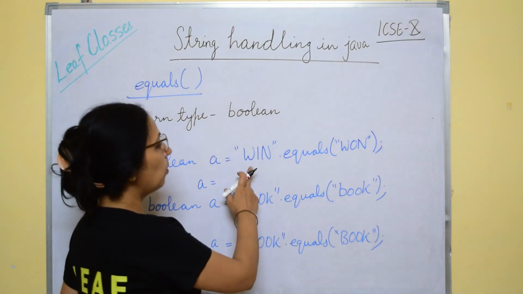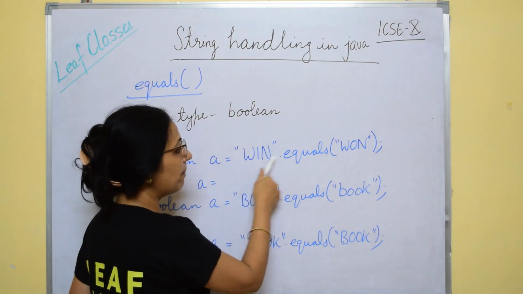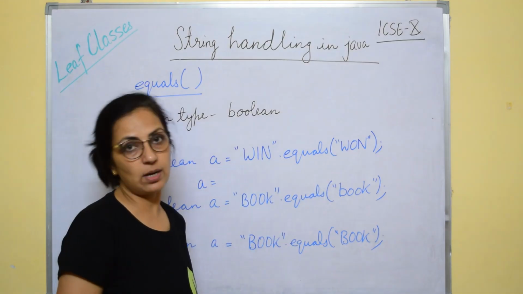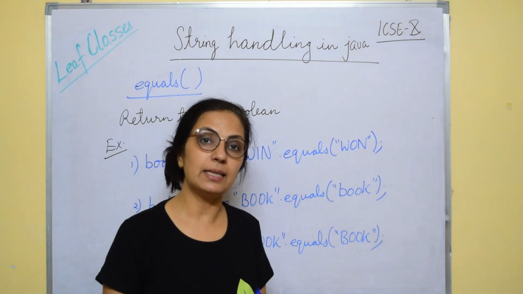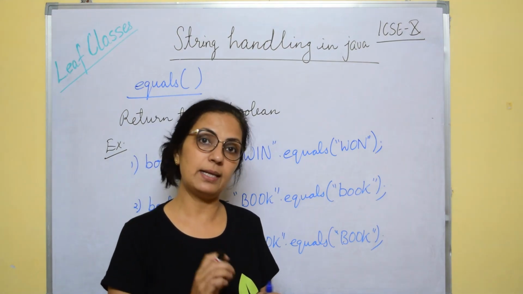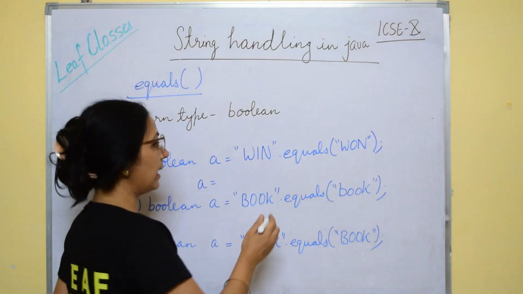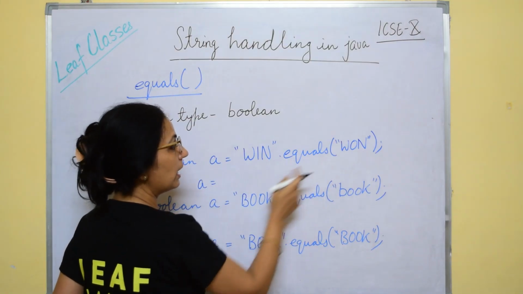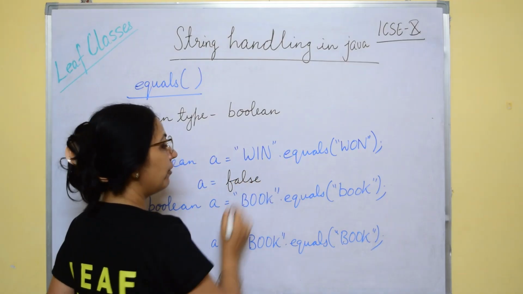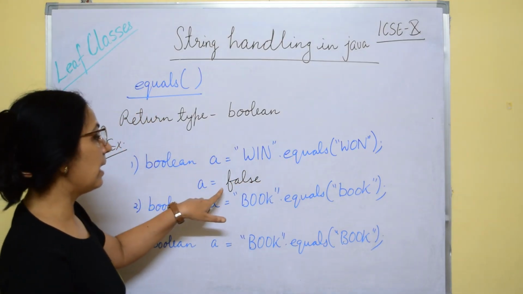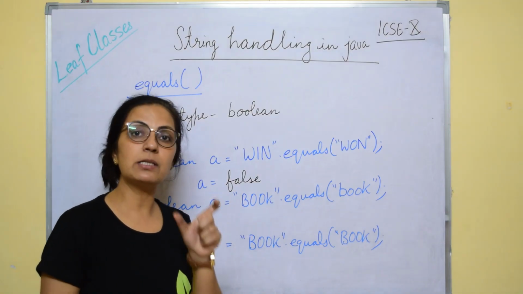Okay, so when we check, the number of characters in both strings are equal, but the equals function does not check the length. Irrespective of whether the length is equal or not, it goes by characters, and since they are not equal, the answer of this will be false. When you are writing the boolean values, always false or true, it has to be in small letters.